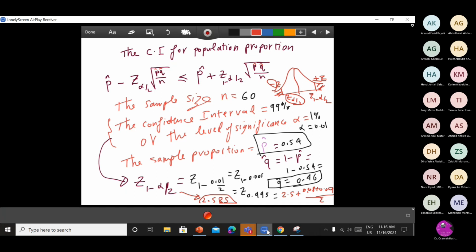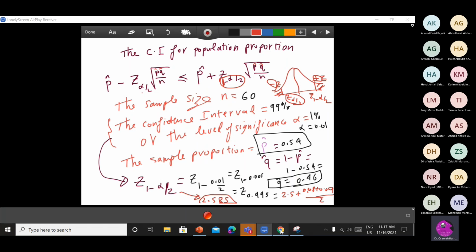So instead of going for Z alpha over 2, I will go for Z 1 minus alpha over 2. 1 minus alpha over 2 is 0.995.